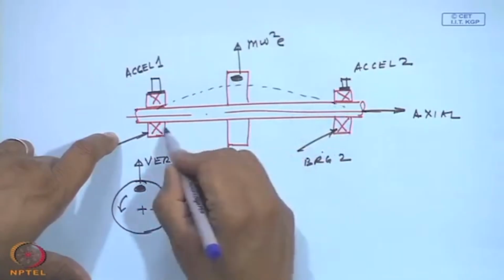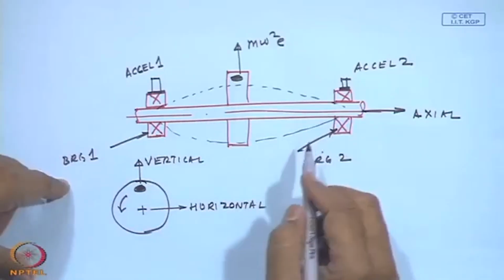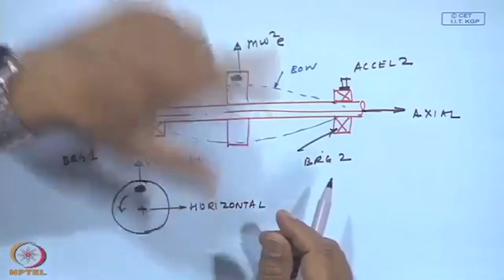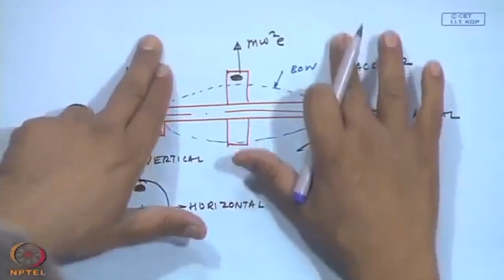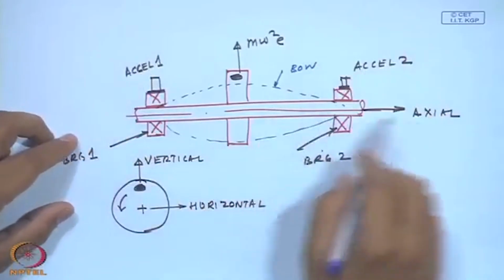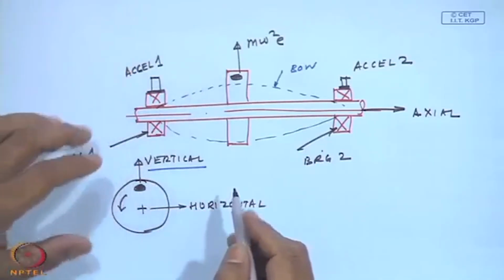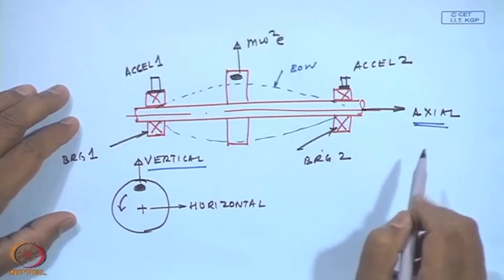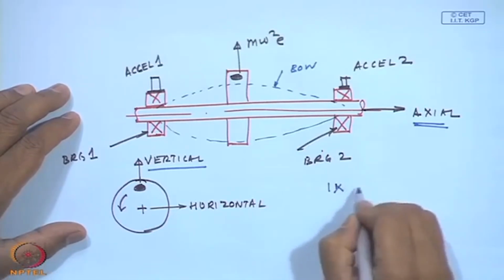So, imagine what is going to happen because of this unbalance. This shaft is going to bow. Because of this bowing, because of the unbalanced force, I am going to have very high vibrations, vertical or horizontal. These accelerations will be much higher than the axial, and they will be at the 1x frequency.